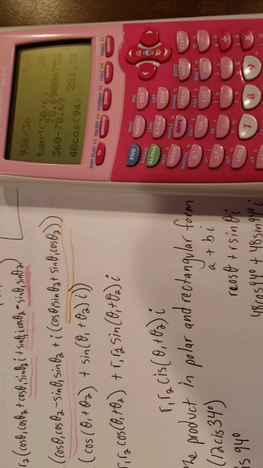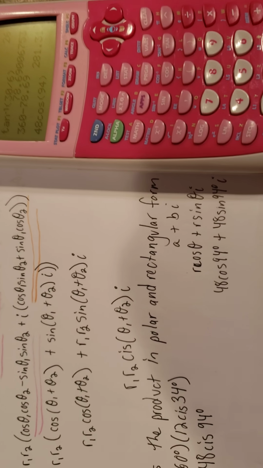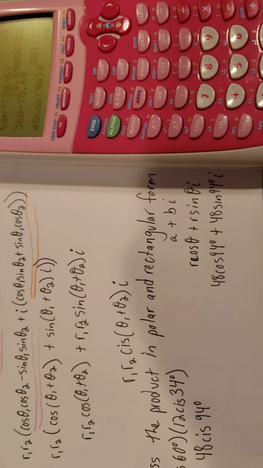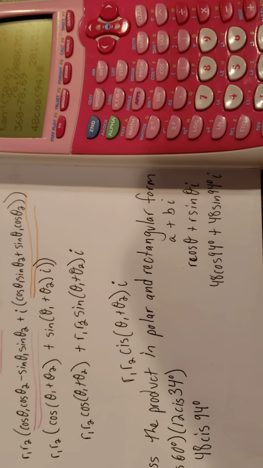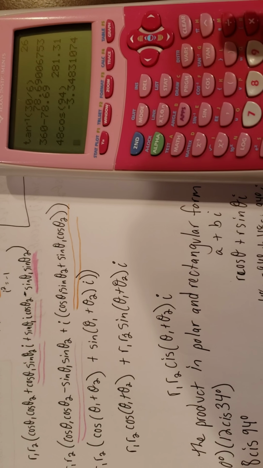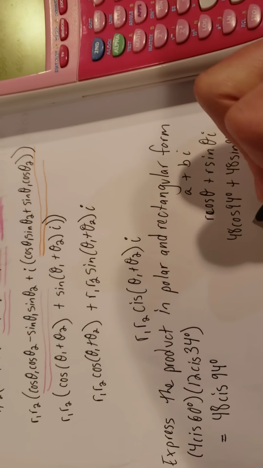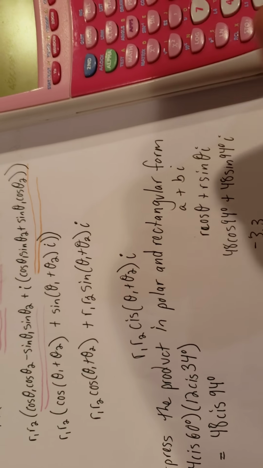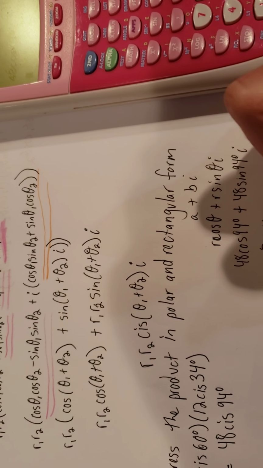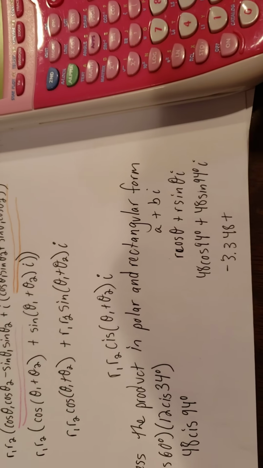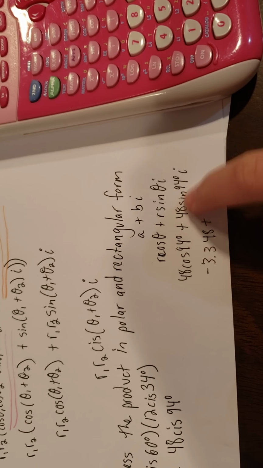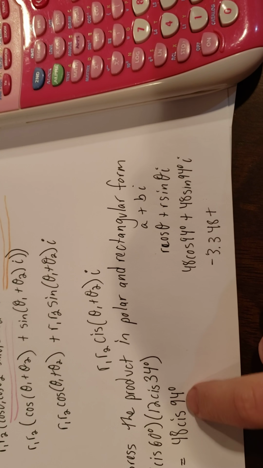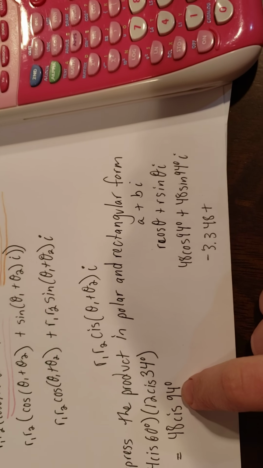Now 94 degrees, that is in quadrant 2. Therefore, we should expect a negative number here. And we get negative 3.348. So negative 3.348 plus, and we know that 94 degrees, we see it here, 94 degrees, that's going to be in quadrant 2.